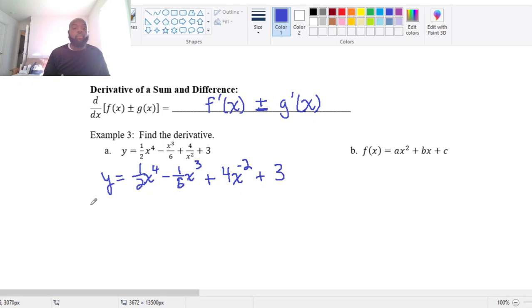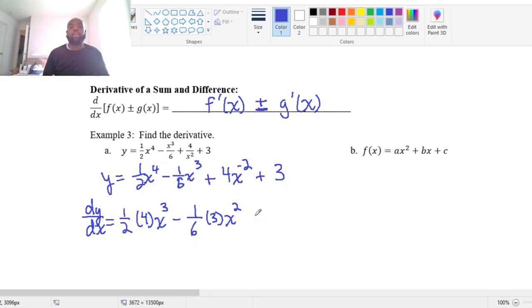Now that I have that, when I do my derivative, I can say y prime or dy dx. And that's going to be 1/2 there, but I bring my 4 out front and I reduce my exponent by 1. 4 minus 1 is 3. Minus 1/6. I bring this 3 out front, reduce that exponent by 1. I'm getting 3x squared. My constant multiple, that's 4.